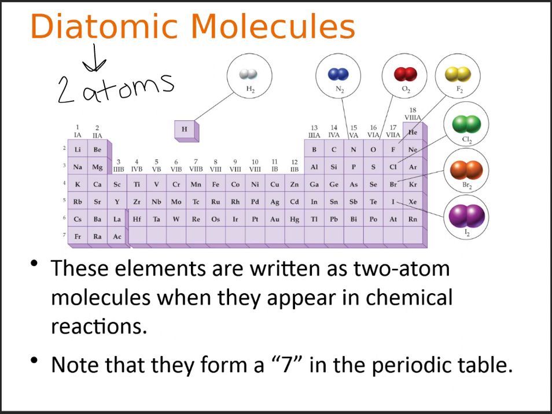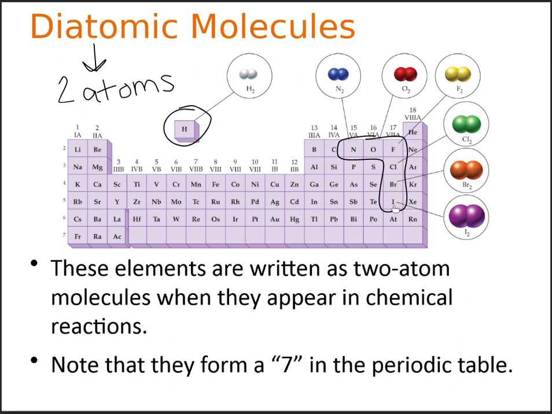The elements that appear like this are the ones that I'm going to circle. So hydrogen, and then these six elements here that kind of form a 7. So nitrogen, oxygen, fluorine, chlorine, bromine, and iodine.